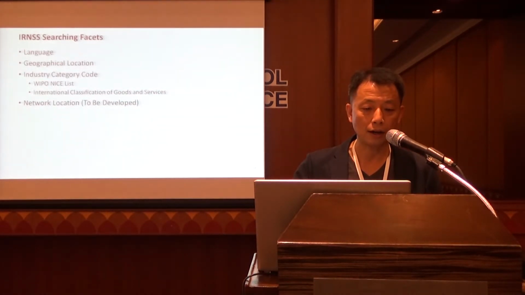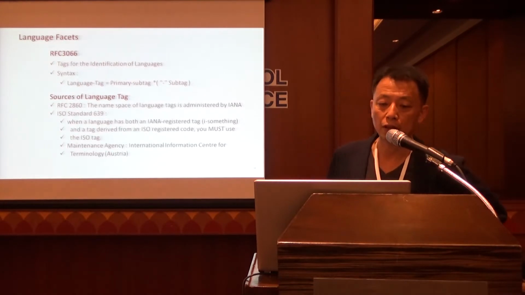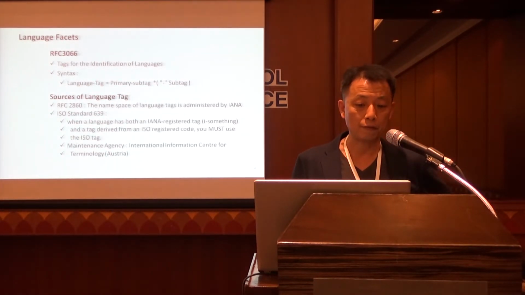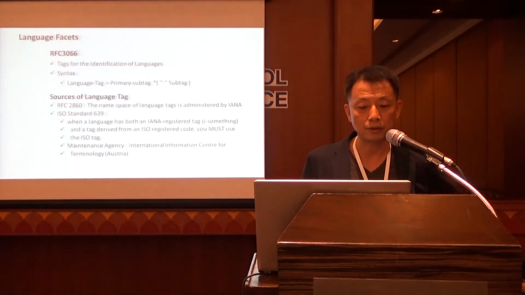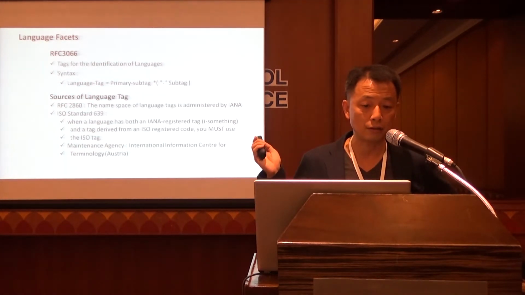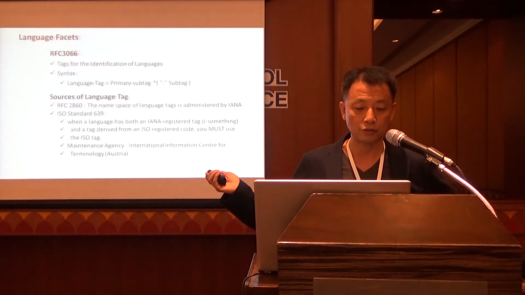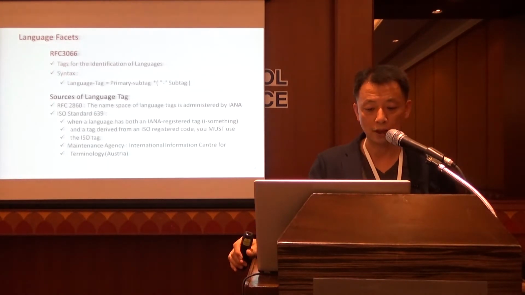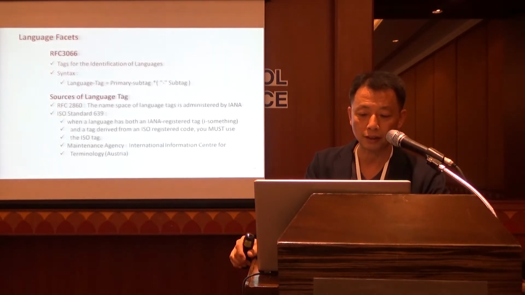So how can IRNSS provide this function? From the language point of view, the language facet, you can follow RFC 3066, to identify which language tag you use. There are also different sources for language tags, such as RFC 2860, and ISO standard 639.